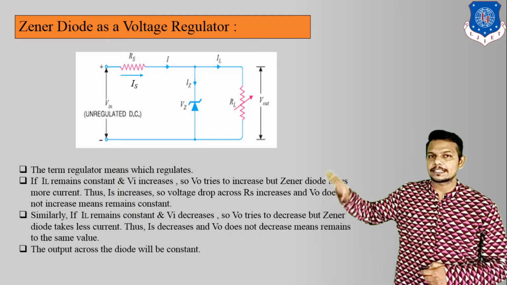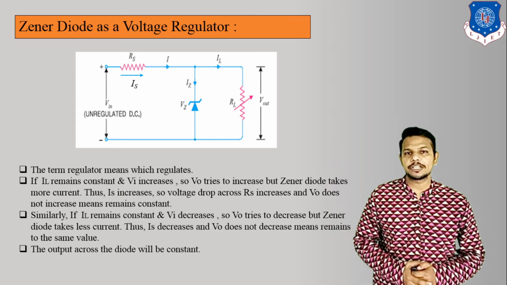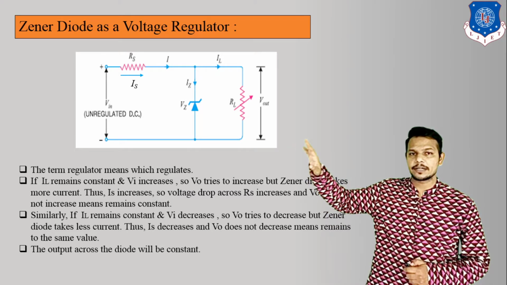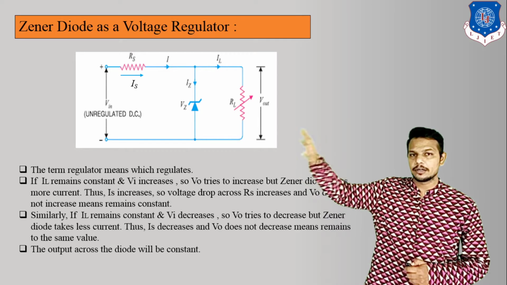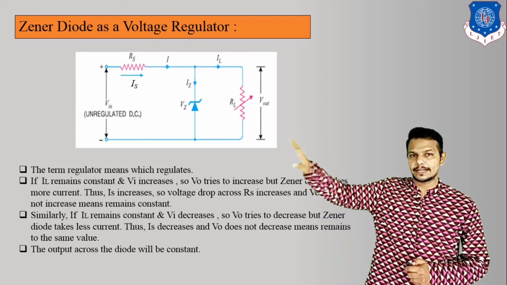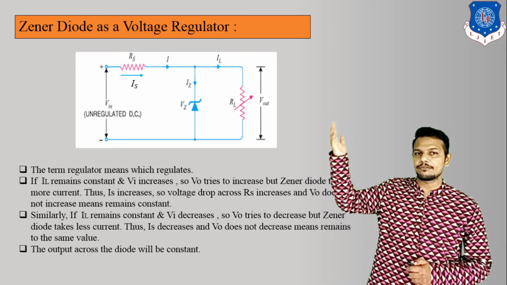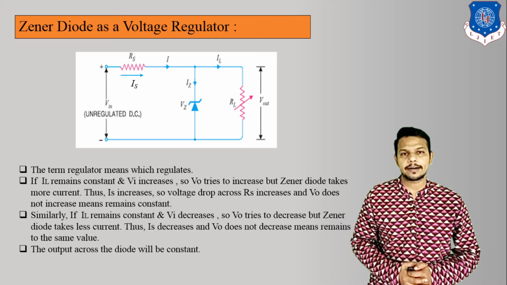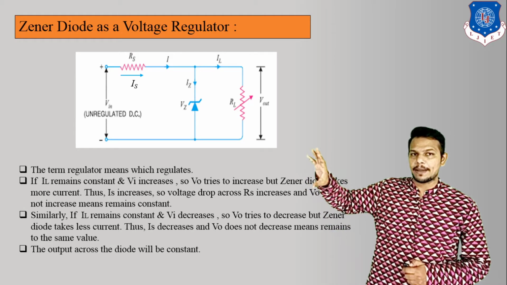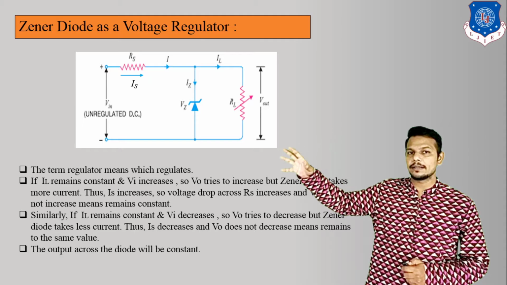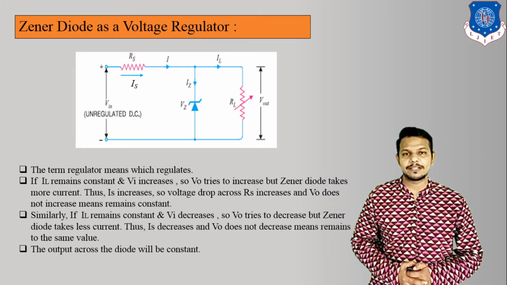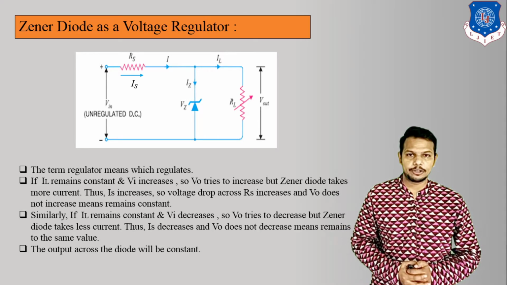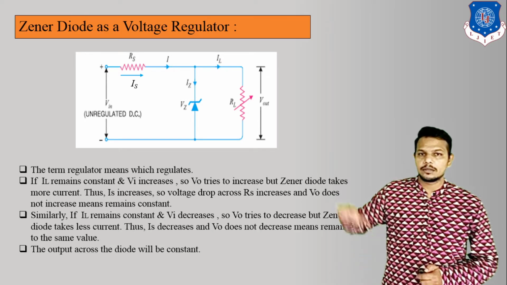Here we can see the circuit diagram of the voltage regulator. In this circuit diagram, Vin indicates input voltage. We enter unregulated DC at this side. Then at the output side, we get output voltage across the load resistor RL, and parallel to RL is connected the Zener diode, across which we get the Zener voltage VZ.